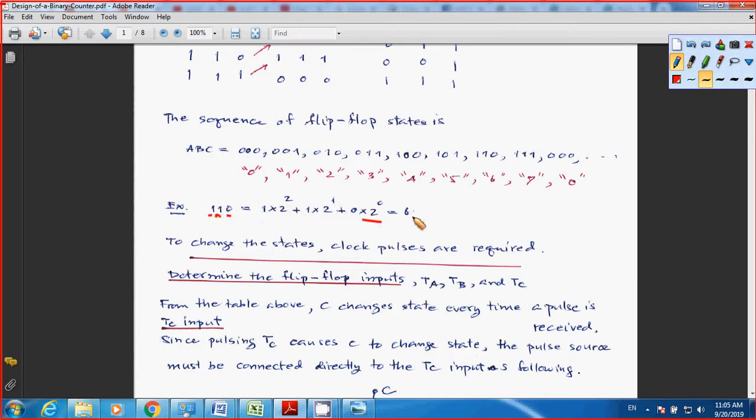That gives you 6, right? This one gives you 4, this 2, and this 0, and that gives you 6. So that means for three binary bits, you start from 000, 001, and then you end up with 110 and start over again. That's going to be your 000 again.